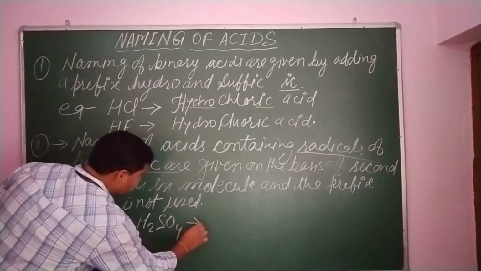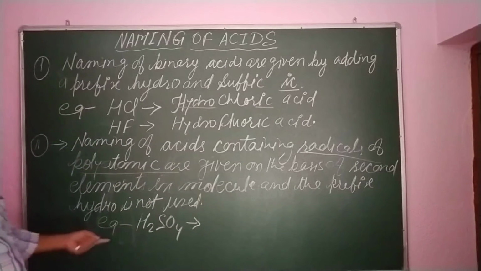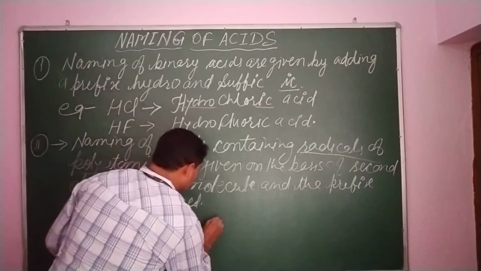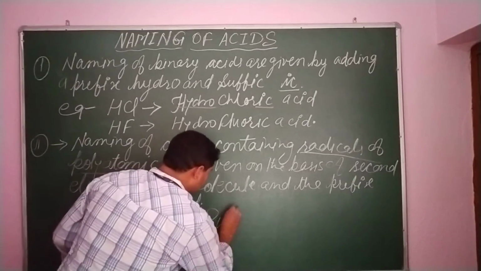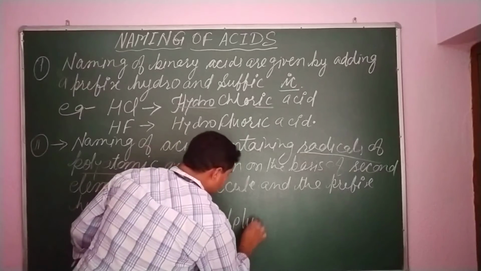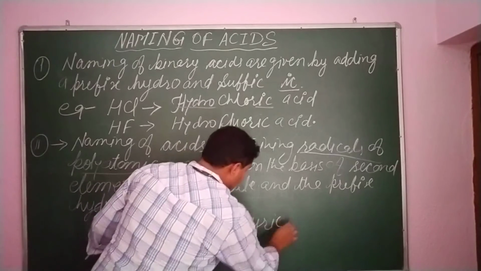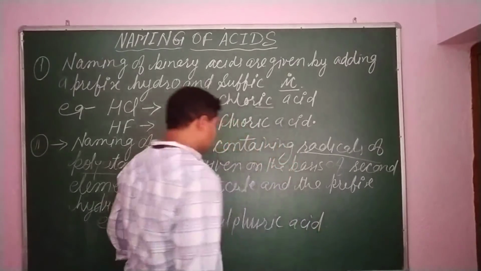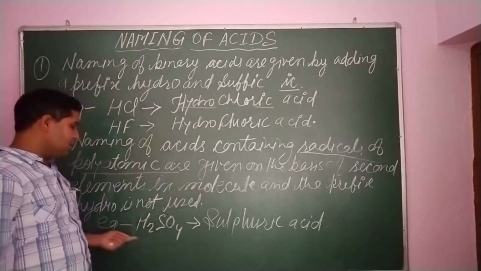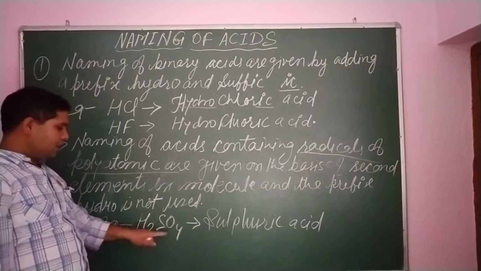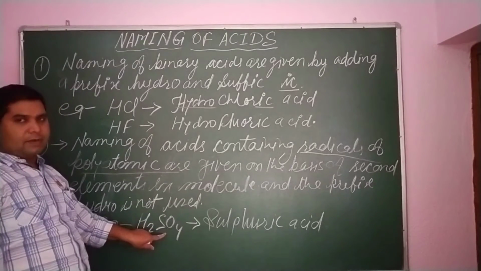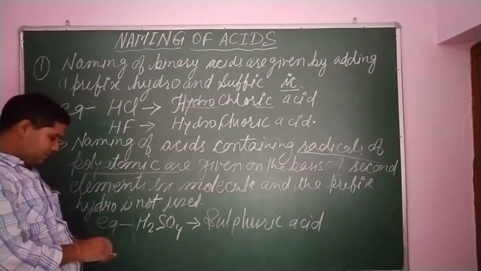H2SO4. So the particular name of the acid will be given as sulfuric acid. Sulfuric acid. So dear student, you see here in this particular acid, the name will start from the second element of the molecule.